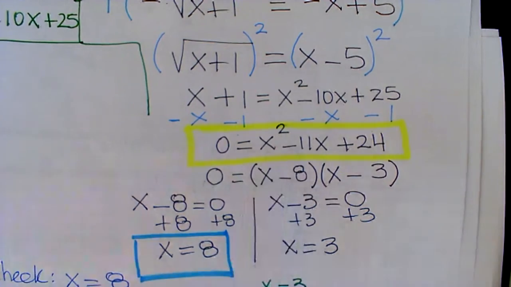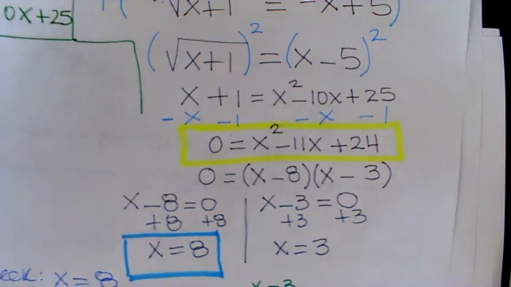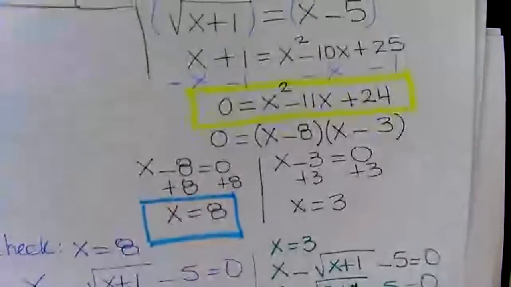That's what we did there. Now, another way, we have three methods. The second one is the square root property.